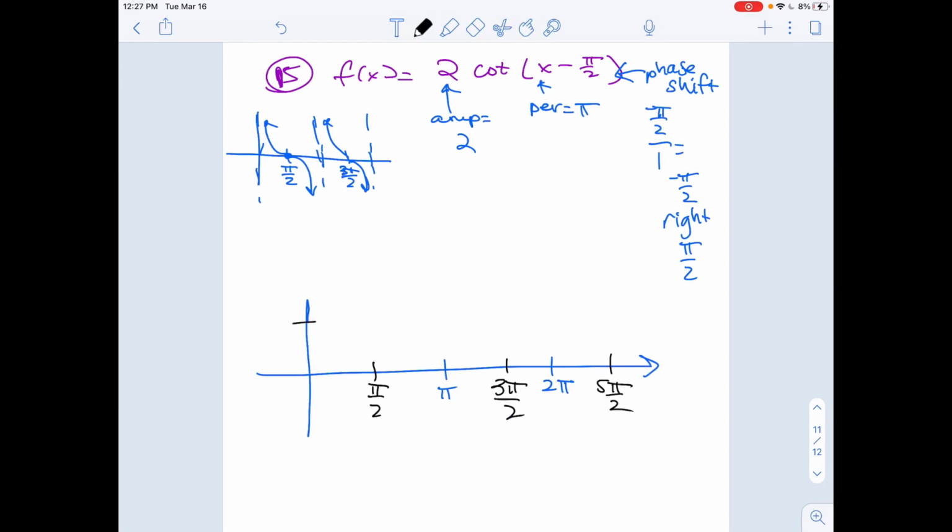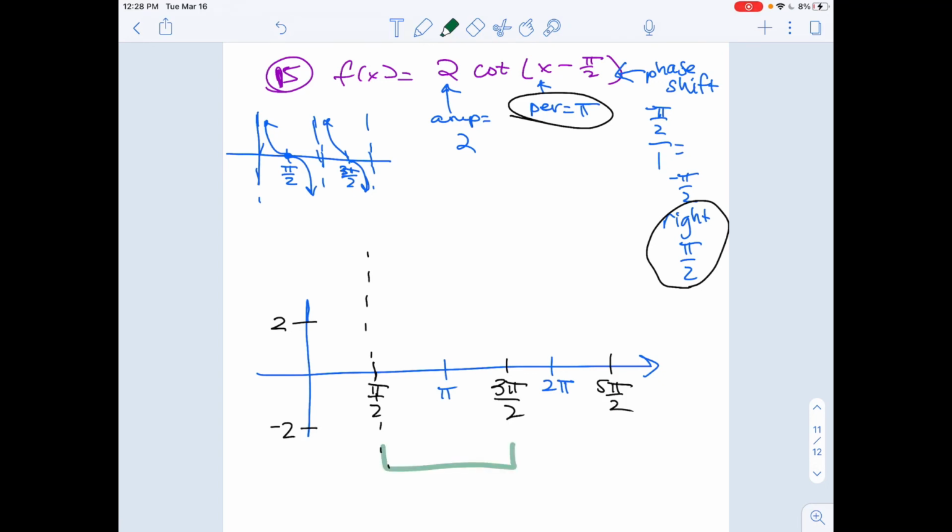And then our amplitude, instead of our bend happening at an amplitude of 1, it's happening at an amplitude of 2. Okay, so remember cotangent at 0 is an asymptote. And so remember everything gets shifted over to the right by pi over 2, so the asymptote is now at pi over 2. And we also know that within a pi, it repeats its value.